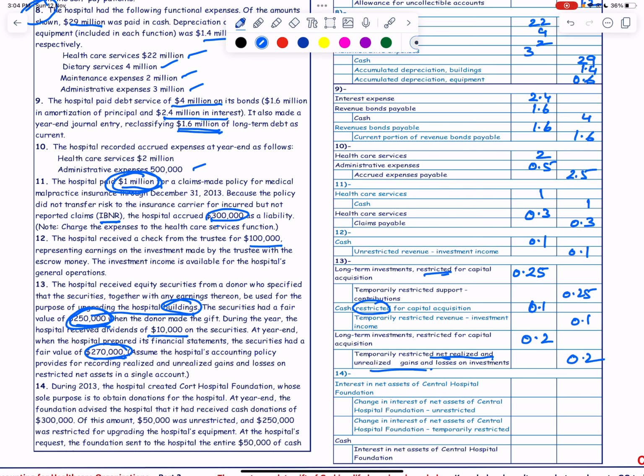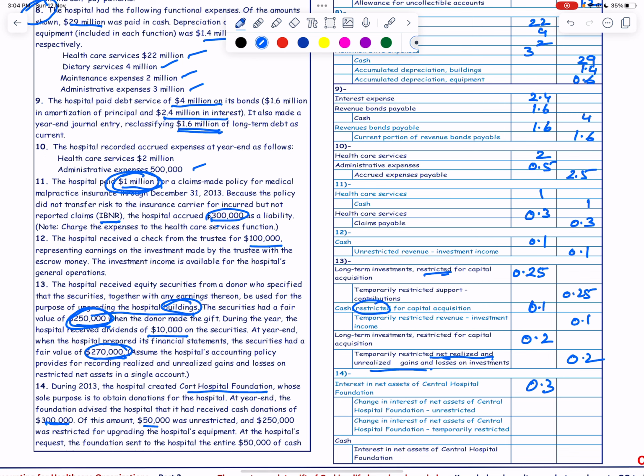Then during 2013, the hospital created Central Hospital Foundation, whose sole purpose is to obtain donations for the hospital. At year end, the foundation advised the hospital that it had received cash donations of 300,000. So interest in net assets of Central Hospital Foundation is debited by 300,000. And let us see what else happens.